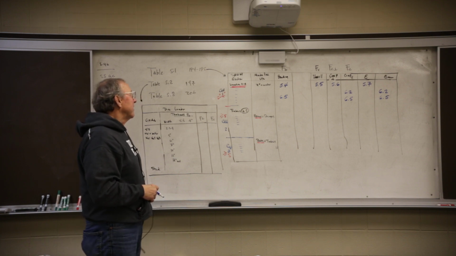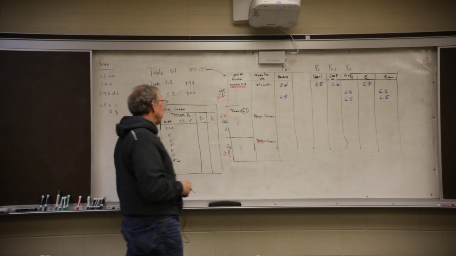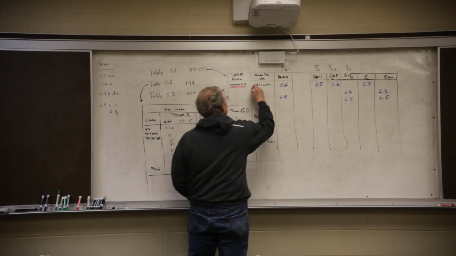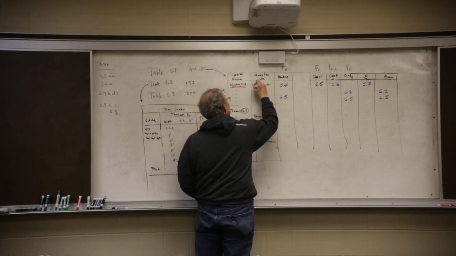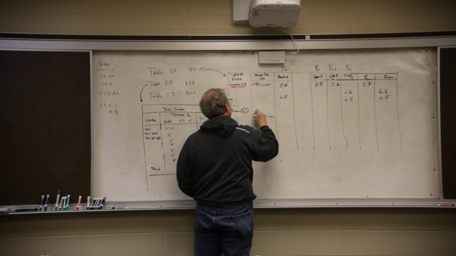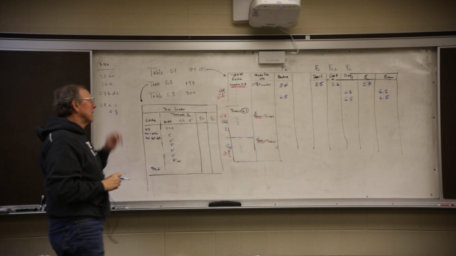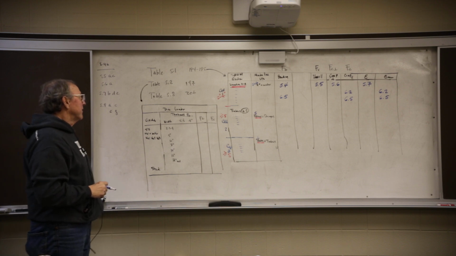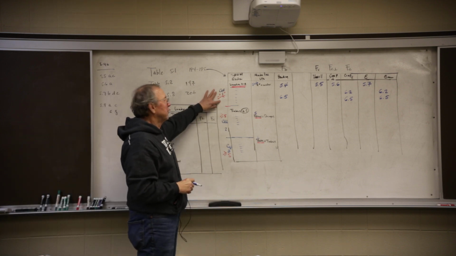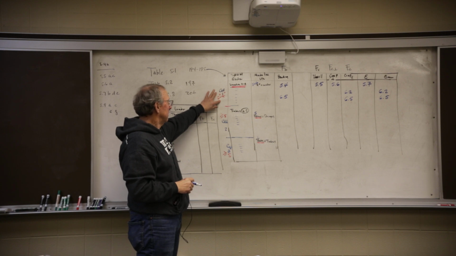It depends on the thickness. If you're in chapter 6, of course, you're going to be down here. This will be 5, and this will be 6. Chapters 5 and 6, 2 to 4, both.